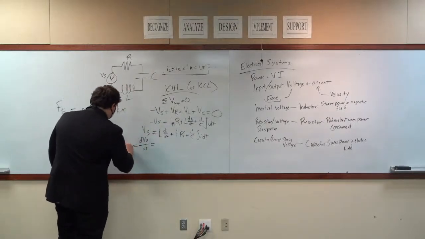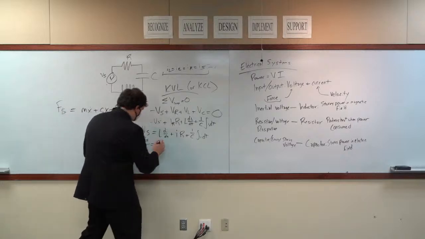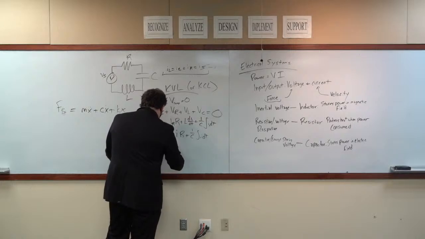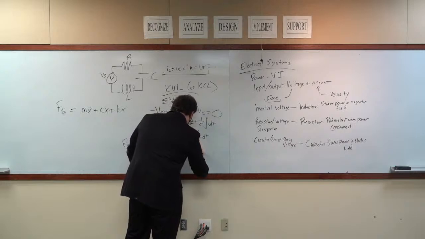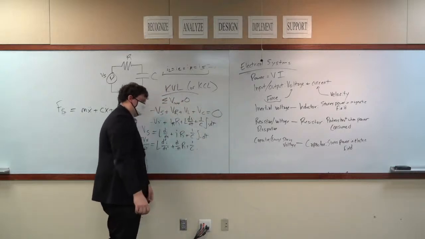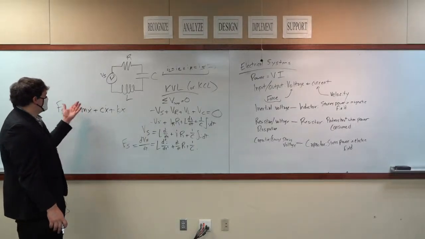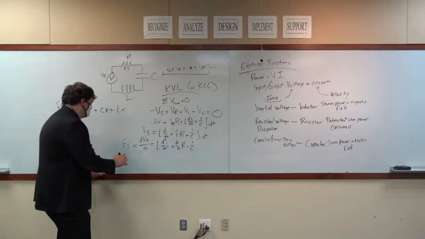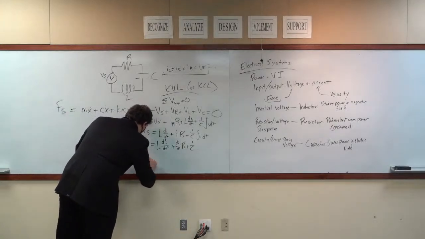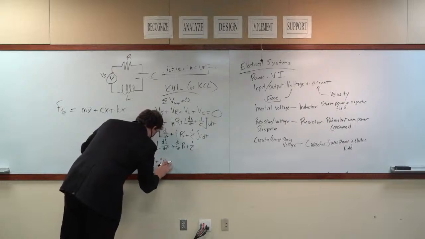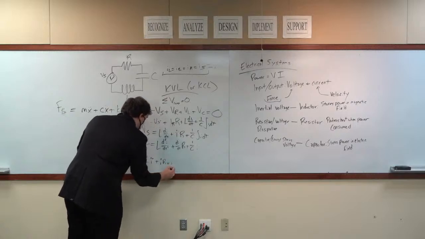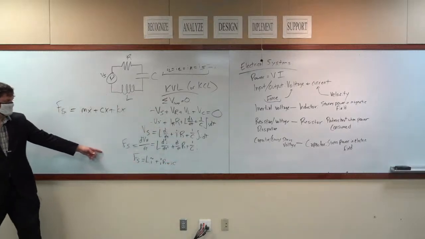We can call this Fs if we really wanted to, is equal to L d squared I/dt squared plus dI/dt times R plus 1 over C times I. Which, if we're going to go with our naming convention up here where we put in dots, then this means that Fs is equal to L I double dot plus R I dot plus I over C. These two formulas are identical.